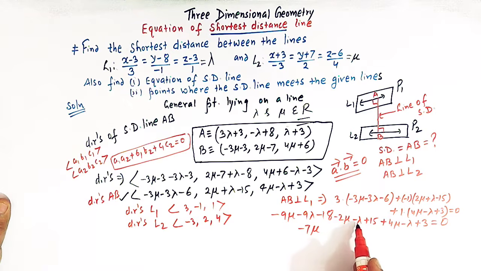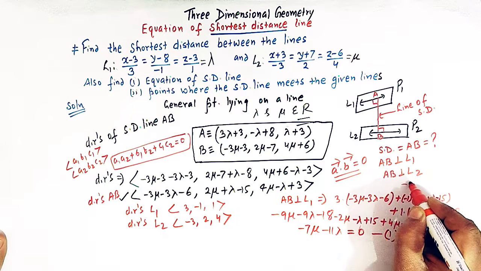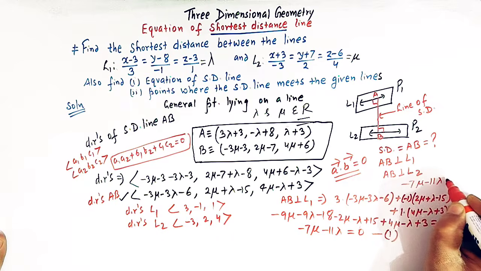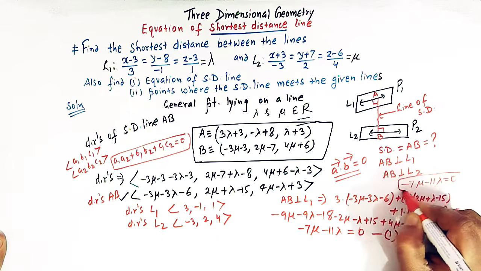And here minus 9 minus 1 minus 1, that is minus 11 lambda, and here we have minus 18 plus 15 minus 3, and 3 and minus 3 get cancelled, so we have simply 0, right? So let us call it equation number 1. Let us write this equation over here: minus 7 mu minus 11 lambda is equal to 0.